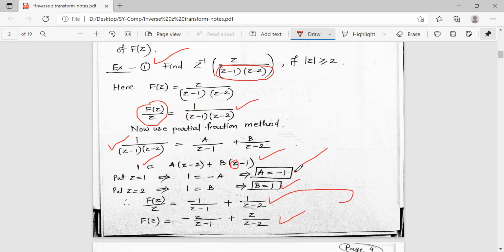Just one request: we are going very fast and writing simultaneously, so can you please dictate a little bit slowly? Yes. And wherever you want me to stop at a particular step, you just say so that I will come to know.